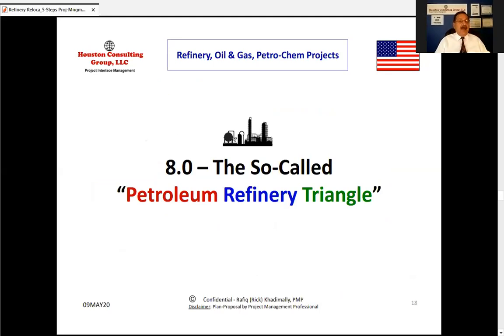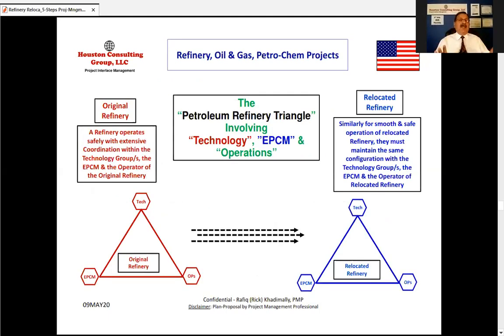Okay, now I'm talking about the so-called petroleum refinery triangle. Remember one thing: an original refinery operates safely with extensive coordination within the technology group, just like UOP, the EPCM group, just like Bechtel, and the operator of the original refinery, just like Exxon or Shell.